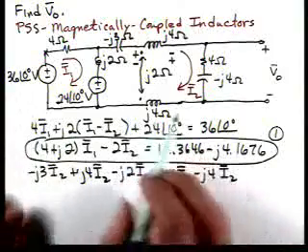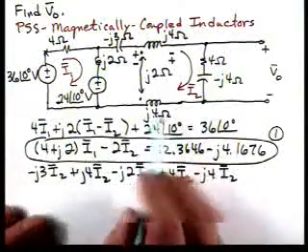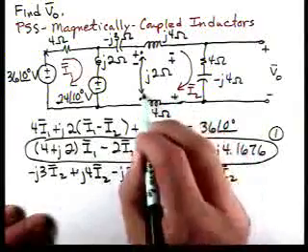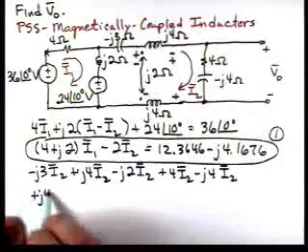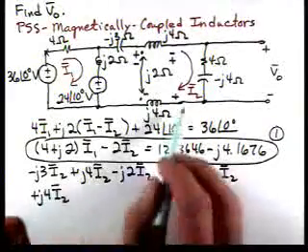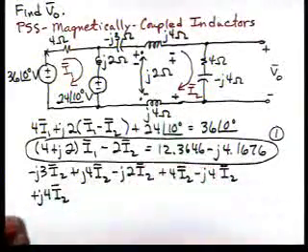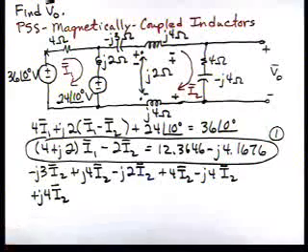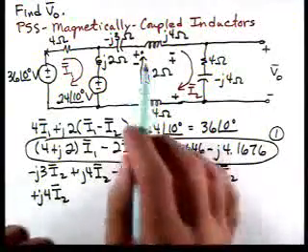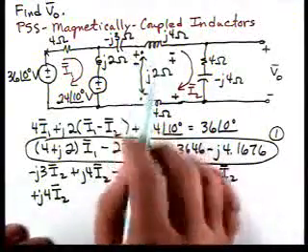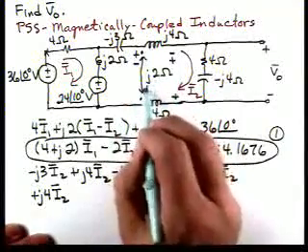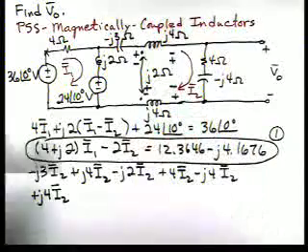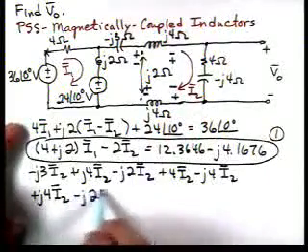Then we come around to the inductor on the bottom. We'll have this term, which is j4 I2, and that term we'd have even if we didn't have any coupling. And now current I2 is defined as entering this dot, so it's going to produce a voltage plus to minus at the dot on the bottom. So we'll get a minus j2 I2.